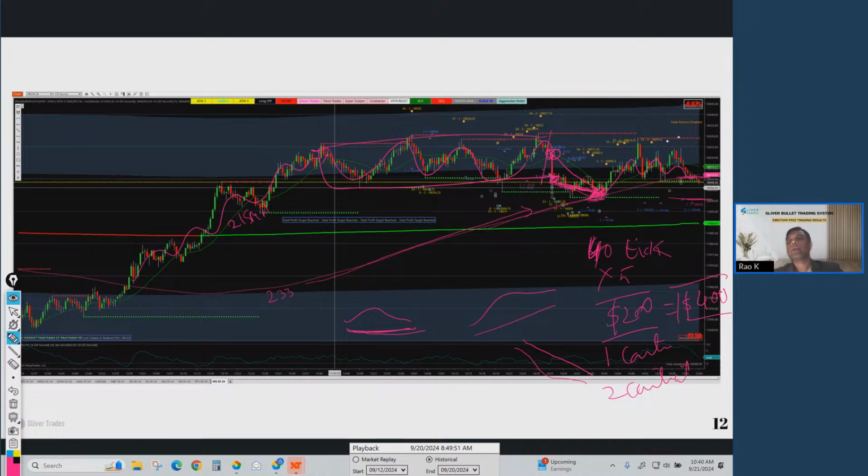So this much movement is all you need, and this much movement can be achieved in, this was a 30-second chart, so let me see, 1 2 3 4 5 6 7 8 9 10 11 12, maybe 15 minutes. This kind of move can be achieved in 15 minutes. Of course, I'm just showing an example of how much time it took.